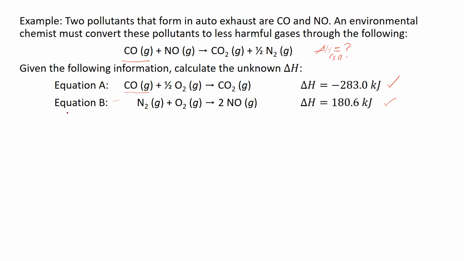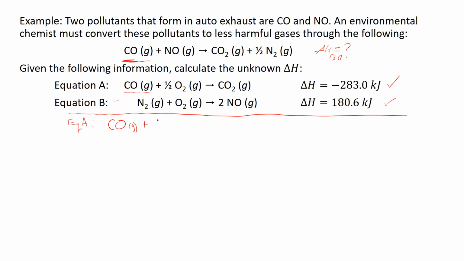So we want directly equation A, okay? We don't want to do anything to it. It's fine the way it is because this carbon monoxide in that equation has the same stoichiometric coefficient as the carbon monoxide up here in the overall equation that we're looking for.